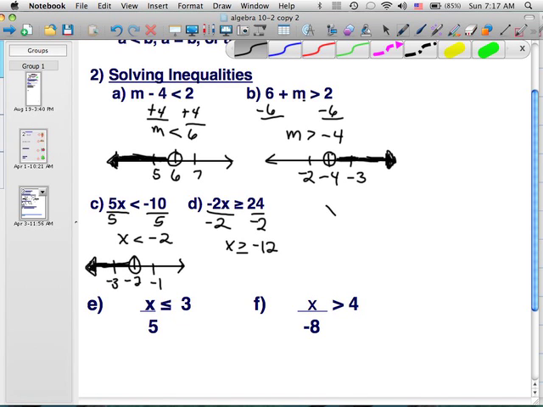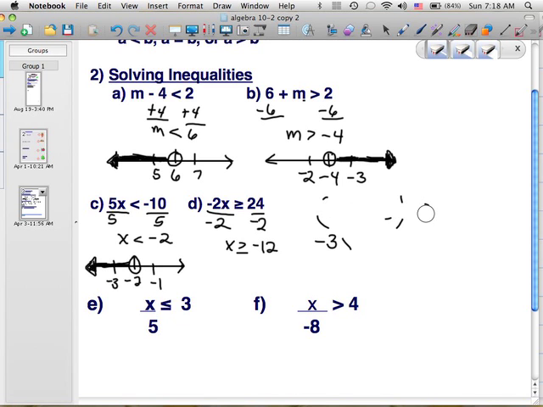So if I have x is greater than -3, and I multiply both of these by -3, I get -3. On second thought, I'll just give you a number instead.